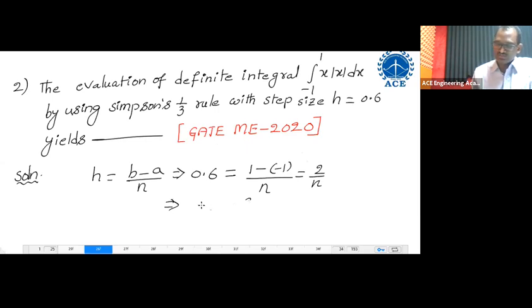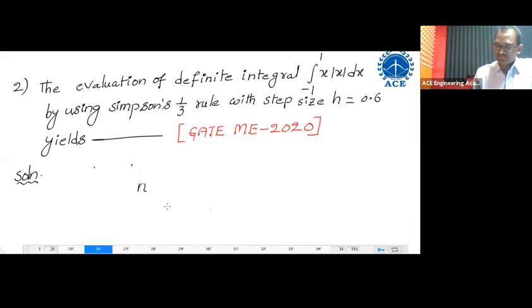What is the number of subintervals required? The h value is given directly, you can write every subinterval length as 0.6. You remember that? I will write. First of all, look here: y is equal to x into mod x. If it is required, I will use it. First, remember the interval, let me write it first.